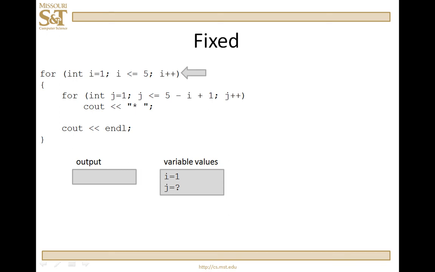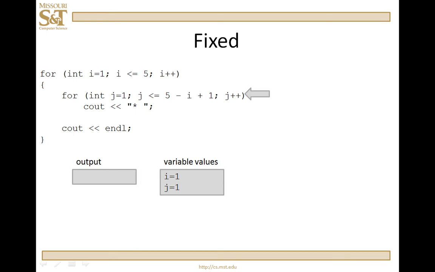Okay, i starts at 1. That gets initialized, and we check to see is i less than or equal to 5. Yes, it is. Therefore, we pass control back into the inner loop.